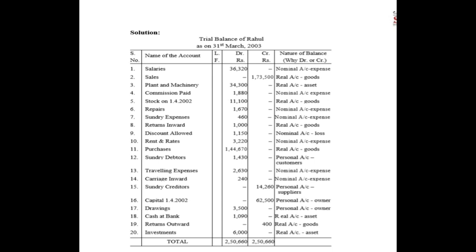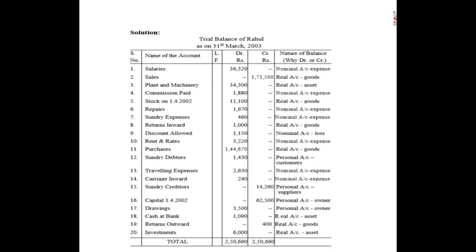Stock on 1st April 2002, and we are preparing trial balance as on 31st March 2003. So the accounting period is of 12 months. You need to remember, accounting period cannot be more than 12 months.